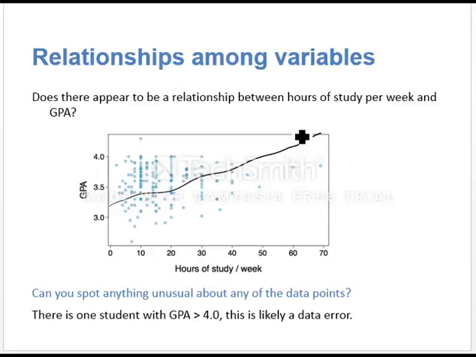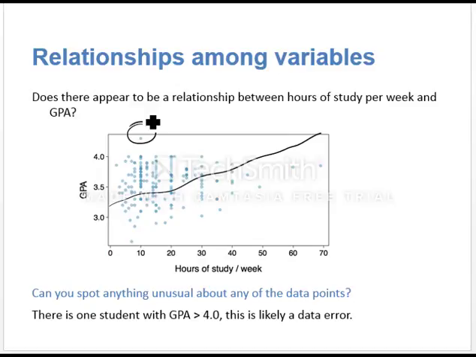And what I'd like you to notice now is, do we see any unusual data points? For example, there is this value right here. At least at UTEP, you can't have above a 4.0. So we would assume that that's a mistake, an error in data entry.